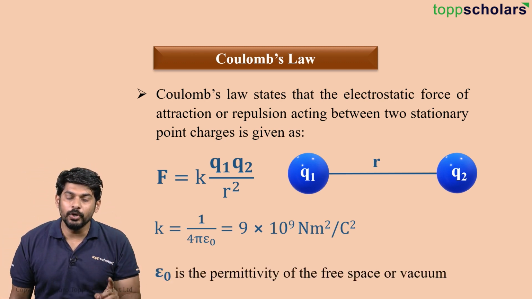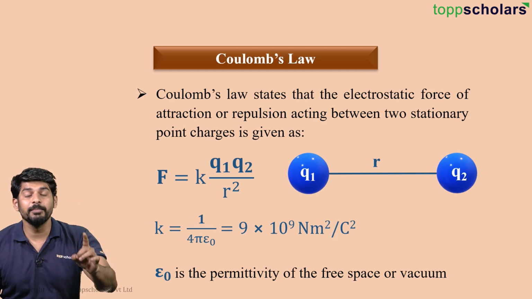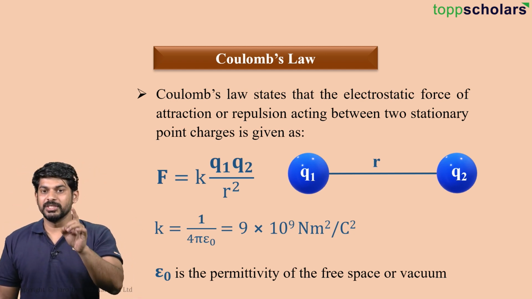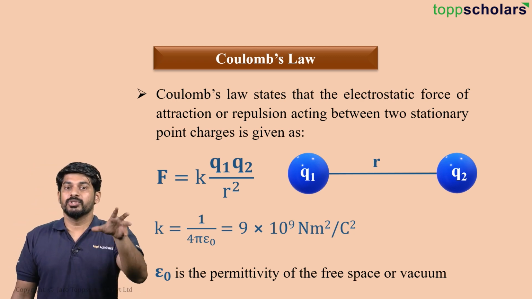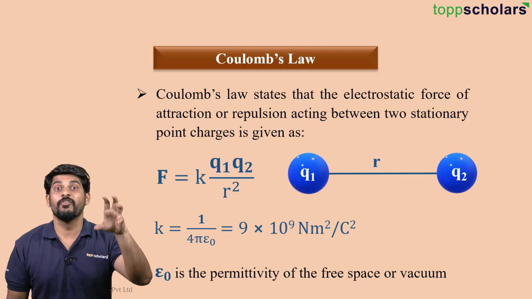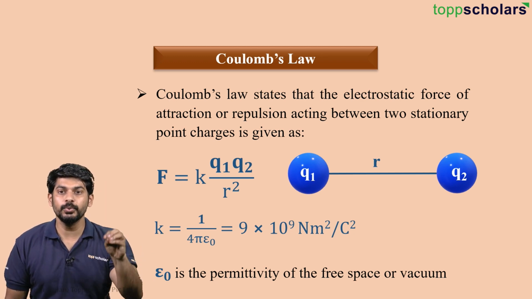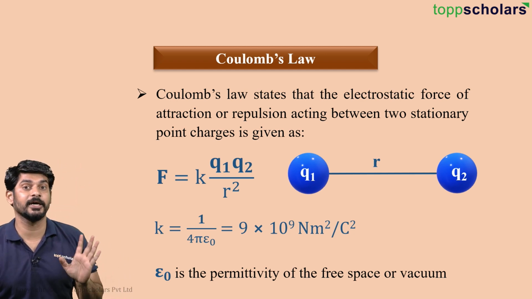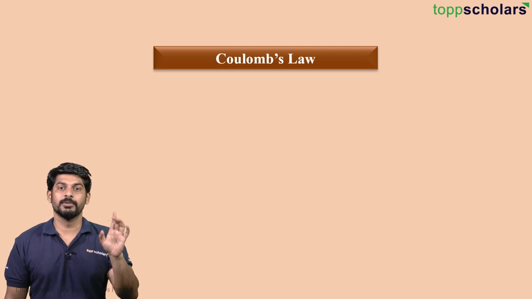Epsilon naught here is the permittivity of free space or vacuum. So this is the simple equation which gives us the force between two stationary charged particles placed at a certain distance r. So this is Coulomb's law.